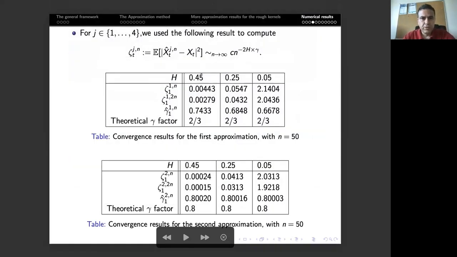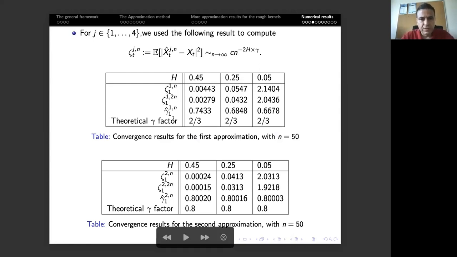So let me show you the first results. As I said before, we computed explicitly the strong error for each of our four approximation schemes. Of course, we are expecting that this will behave like a multiplicative constant times n to the power minus 2h times some factor gamma, and the theoretical gamma depends on the choice of the method.